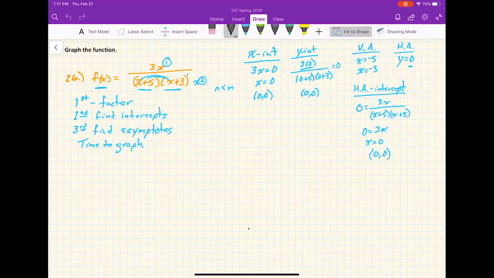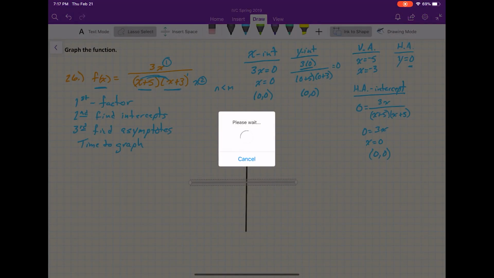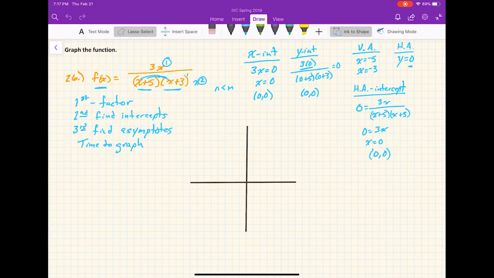Okay, straight line there. After I get done with this problem, I'm going to restart my iPad. I think I just haven't restarted in a while, so maybe too many programs. Let's try and make it through this problem.